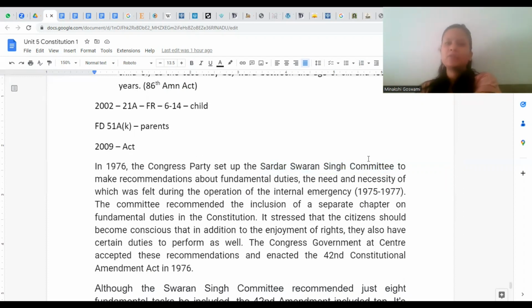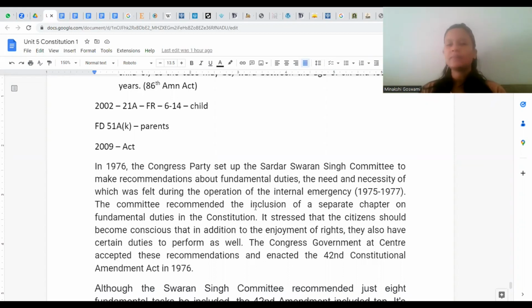At that point in time, it was realized that people will not only be claiming rights, but people also have some duties. So this committee was formed to recommend what could be added as fundamental duties that citizens are expected to abide by.